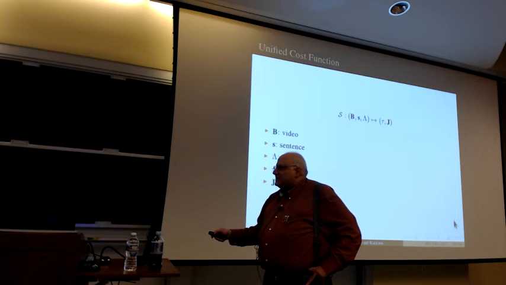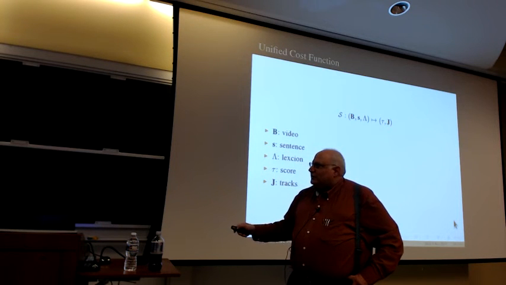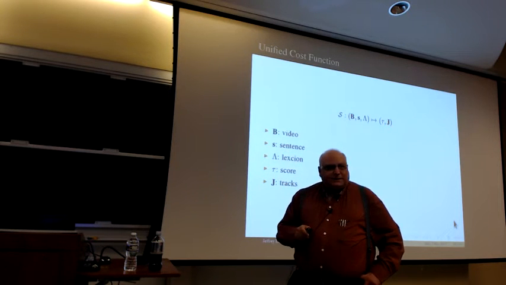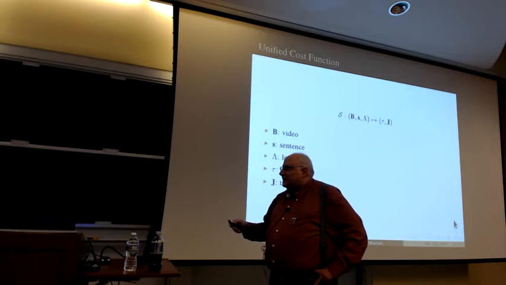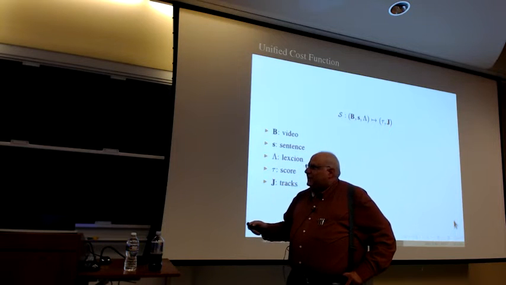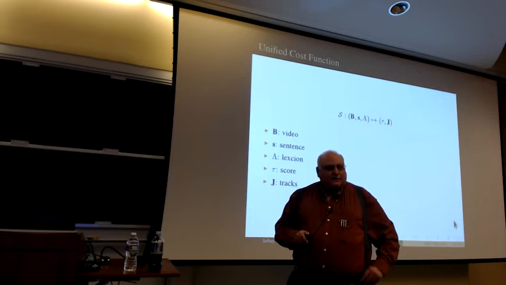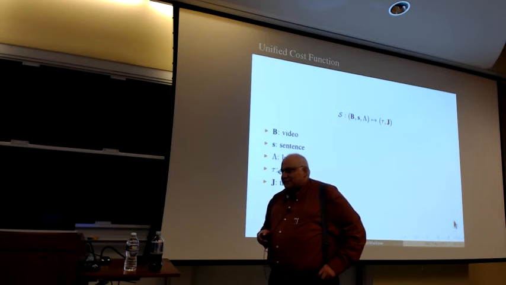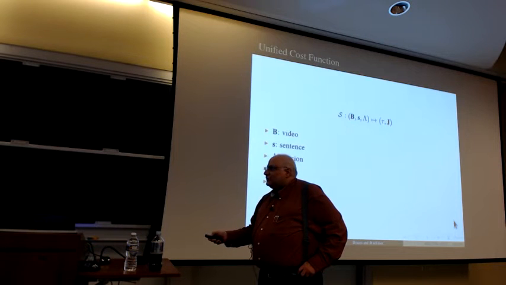That score answers how well does the sentence describe the video, or alternatively, how well does the video depict the semantics of the sentence. And as evidence of that descriptive process, it produces a collection of tracks which associate with each noun in the sentence a track in the video of a sequence of detections out of the pool of detections. This is just a scoring function.